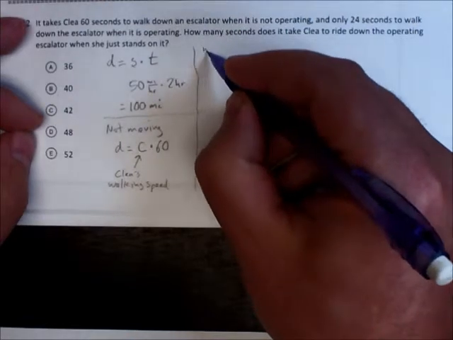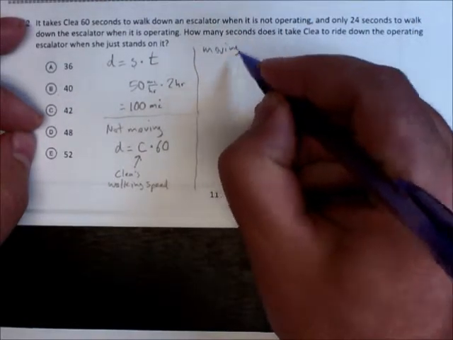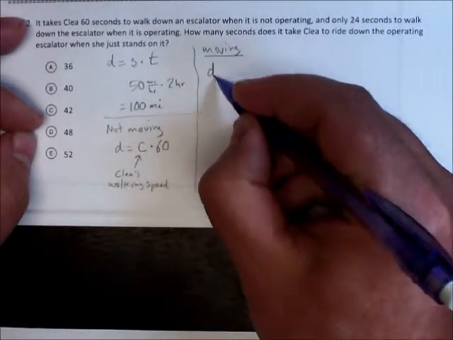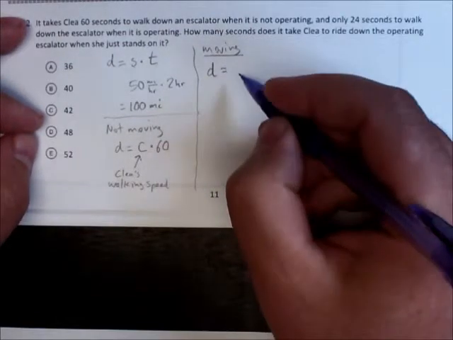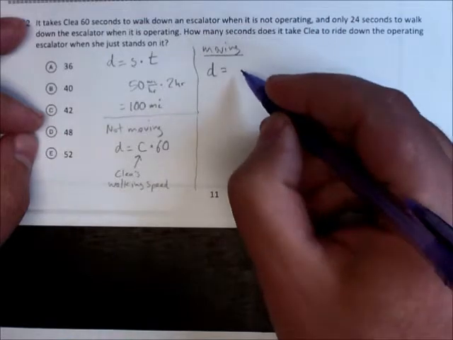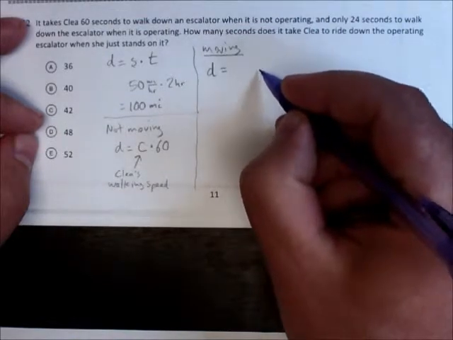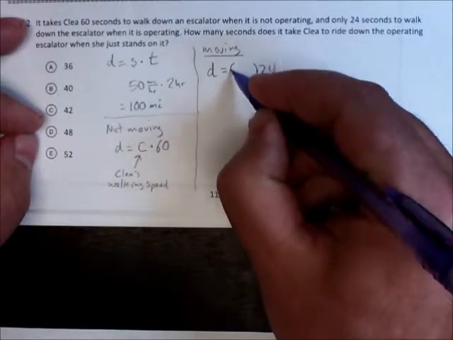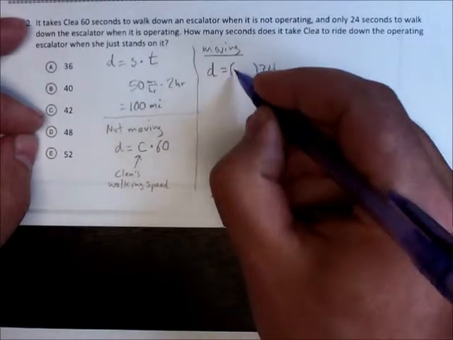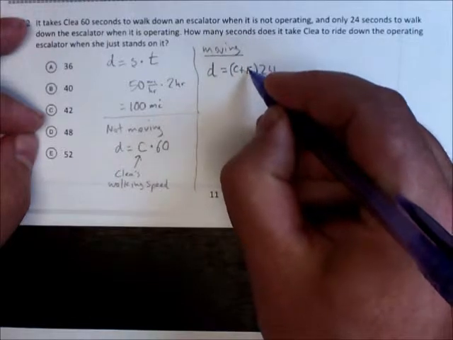When it's moving, when it's operating, the distance, which is the same, we still don't know it, but the distance of the escalator is the same. We're going to have some speed times 24 seconds. And that speed, I'm going to call it c plus e.